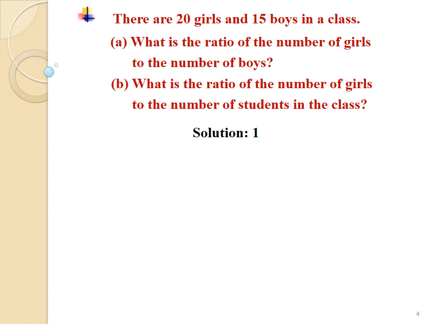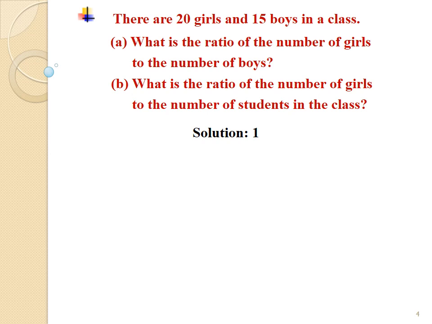students in a class. Students, we have been given the number of girls, and the number of girls is 20. And we have also been given the number of boys, and the number of boys is 15. Students, we have to find out the number of students in a class, as we have to find out the ratio of the number of girls to the number of students in a class.